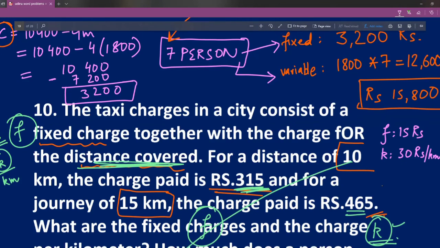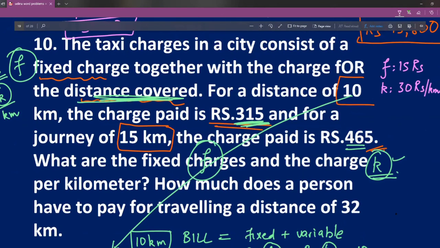If I take example 1, that is case 1, distance of 10 kilometer. For distance of 10 kilometer, this will remain same. This will remain 15 rupees. But this factor will become 30 into 10, 300 rupees. Therefore, bill amount would be 315.